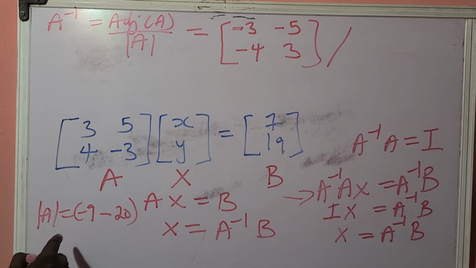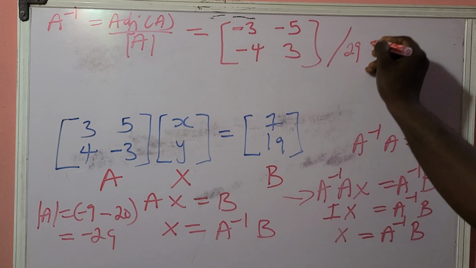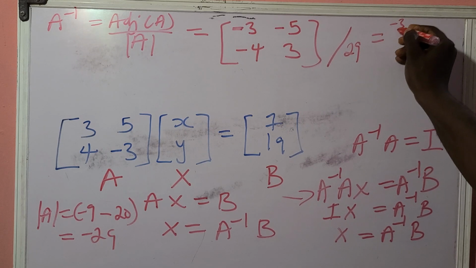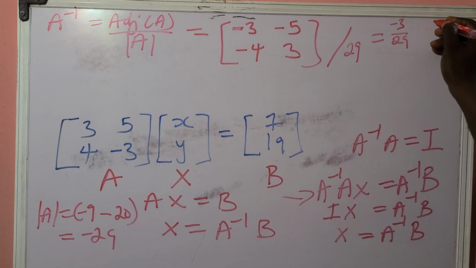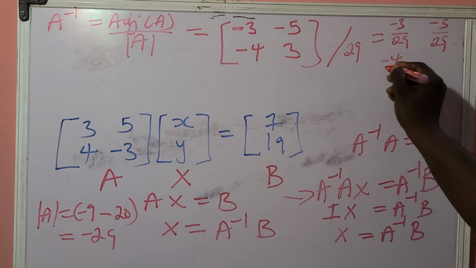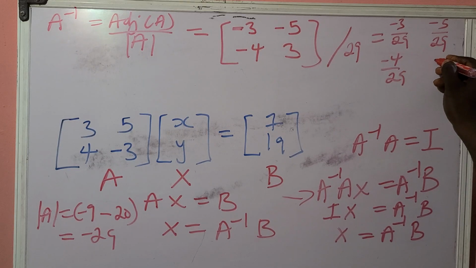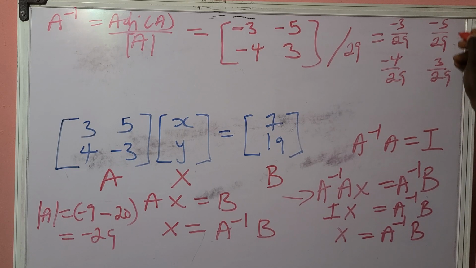So our determinant will be -29. So we divide the adjoint of A by -29, and this gives me -3 over 29, -5 over 29, -4 over 29, and 3 over 29.